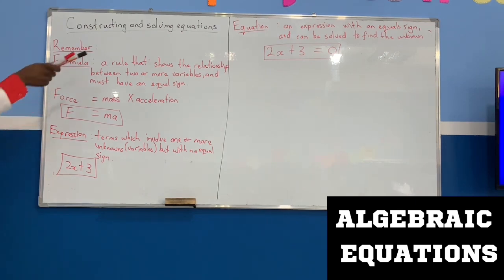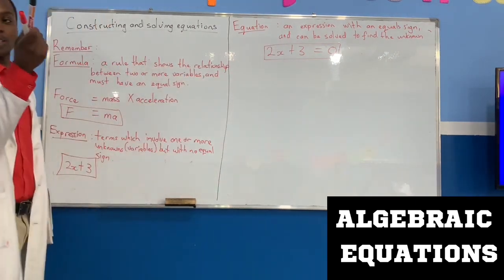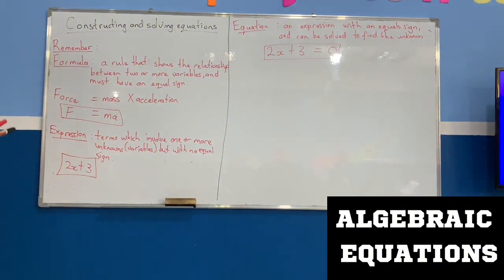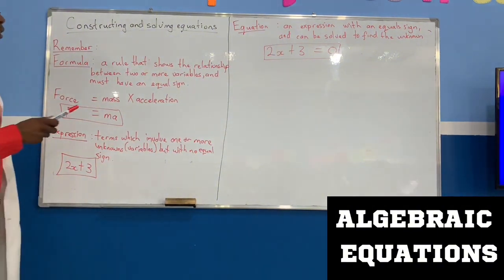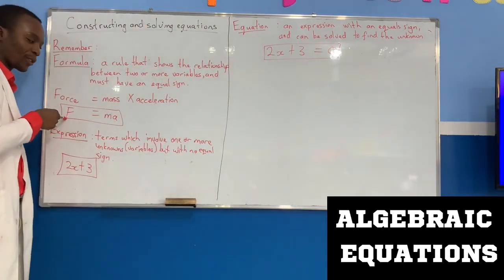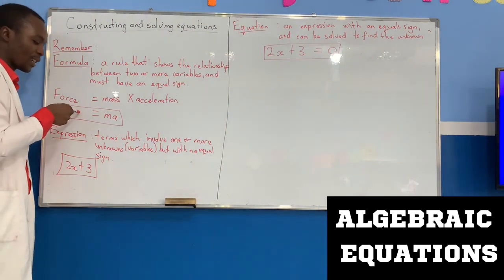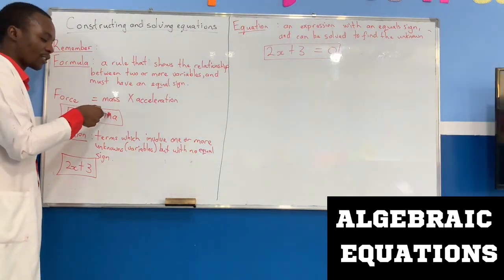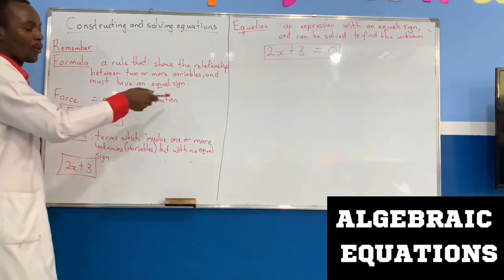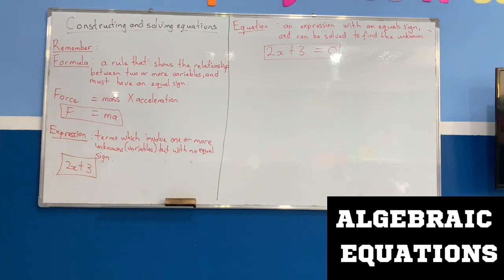So when we have equations, we say that we want to solve the equation to find the value of the unknown. We say we solve for x or solve for y, whatever the unknown is. Whereas in a formula, we need to assign it values. Let's say, for example, calculate the force when the mass is given this number and the acceleration is given this number. In contrast to equations, where we just have to solve and find the value of the unknown.